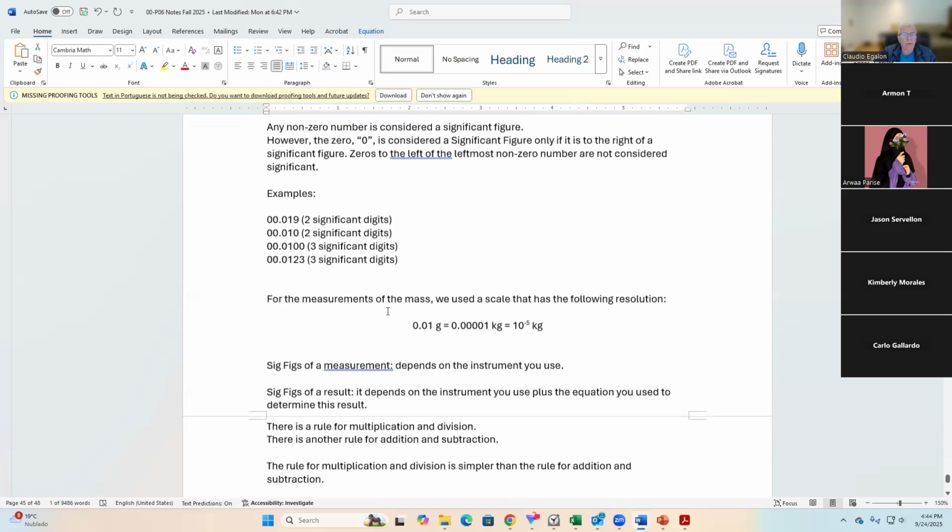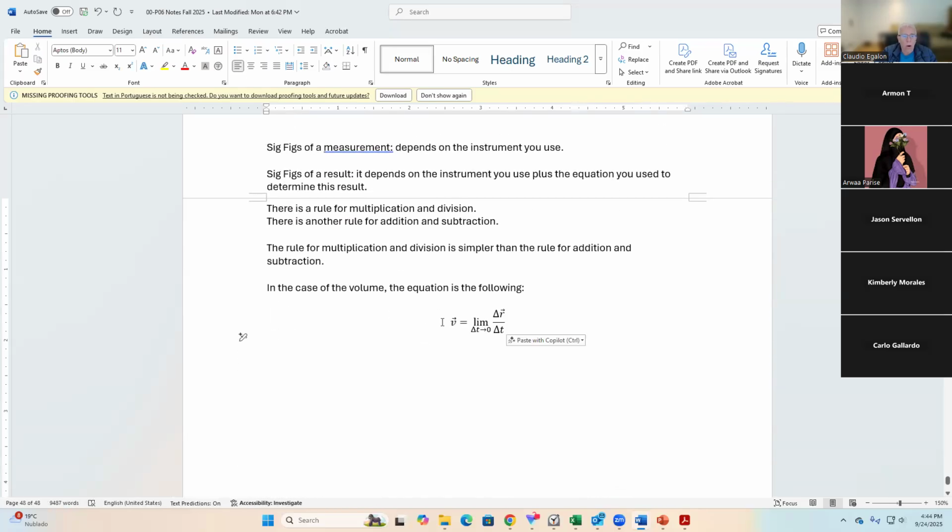In the case of the volume, here you go. Volume, capital V, equals 4/3 of pi. I'm going to write that in terms of the diameter. Capital D divided by 2 is the radius, right? And then you have to raise it to the cube. That's what the equation for the volume of the sphere is.